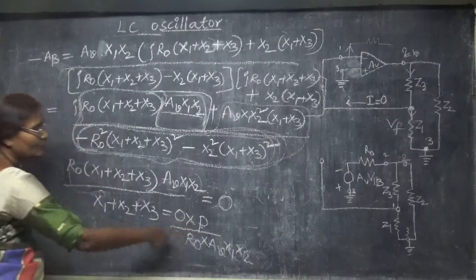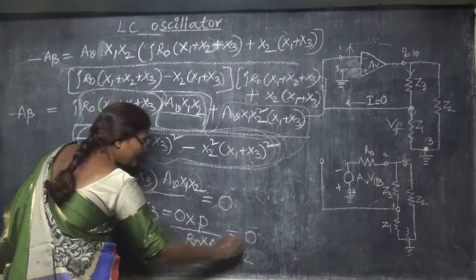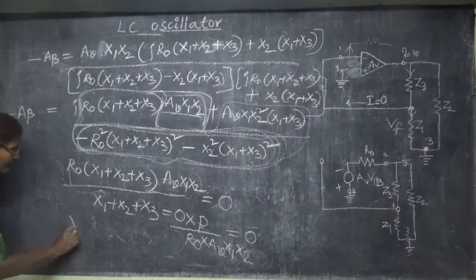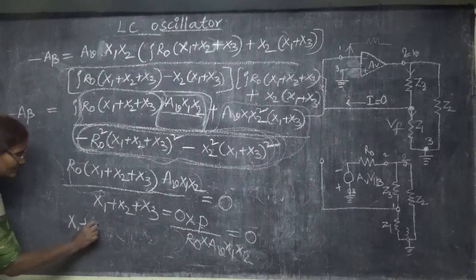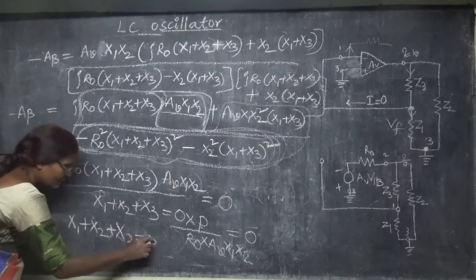So 0 into something will give 0. So my total value becomes 0. So what is the equation I got here? x1 plus x2 plus x3 is equal to 0.